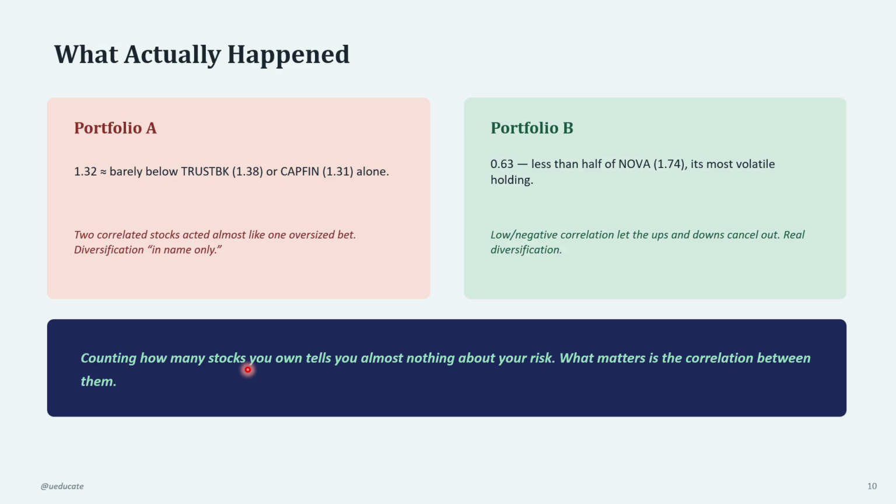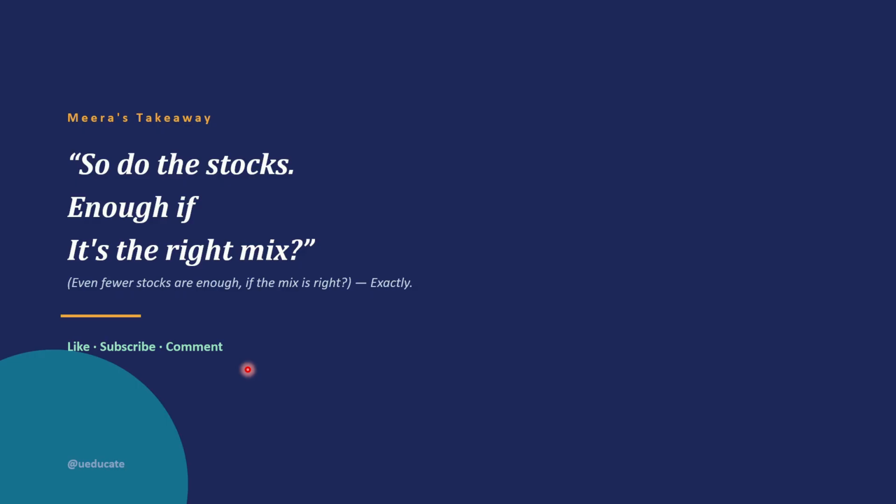What matters is the correlation between them. Even if you have only four stocks, if the mix is right, that's the takeaway. It's not about how many stocks you have, but about the correlation between them and the risk you own.